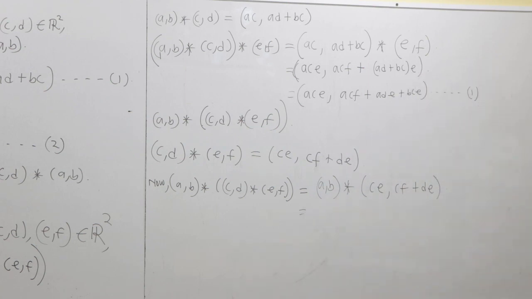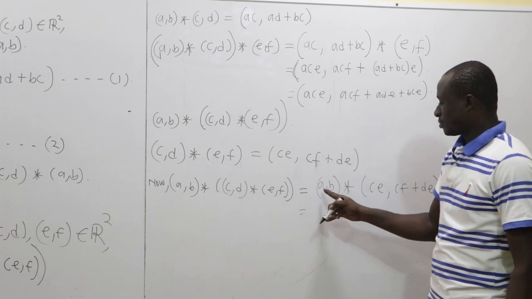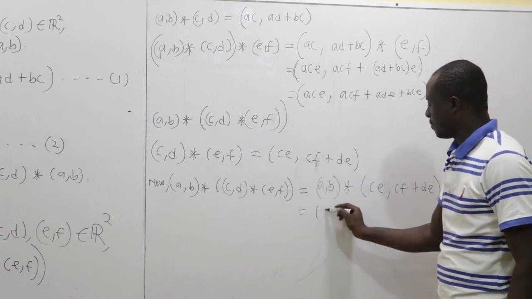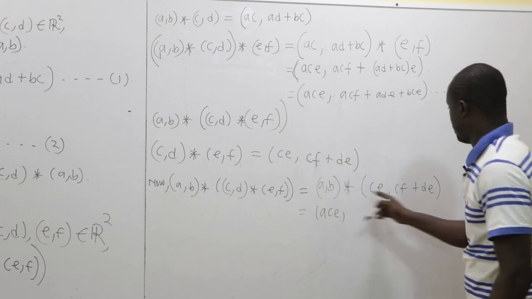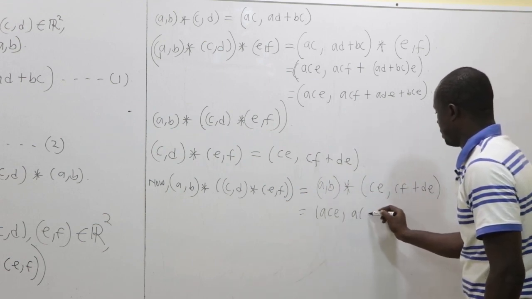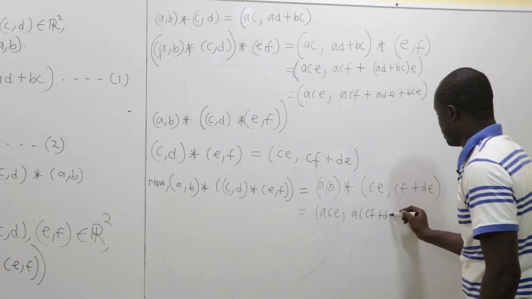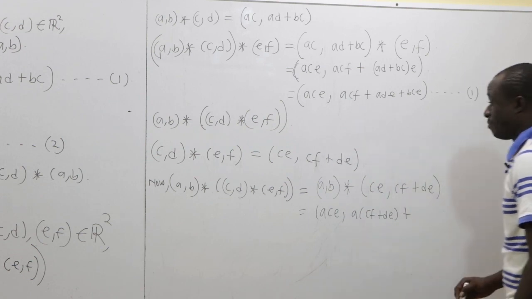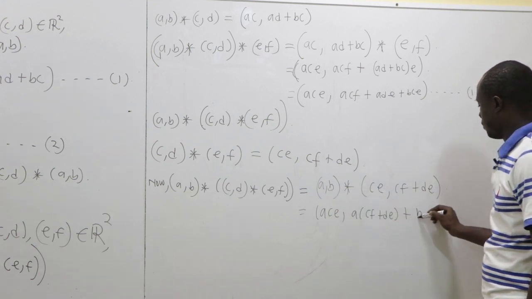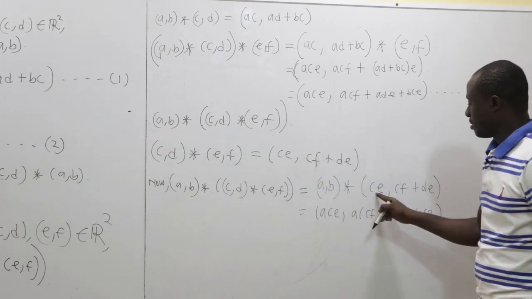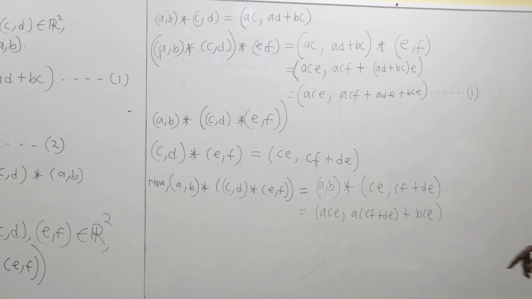Now using the rule, AC, so this time that. So that will give us ACE, comma, and then AD times CF plus DE, plus BC, so plus BCE, from the rule.